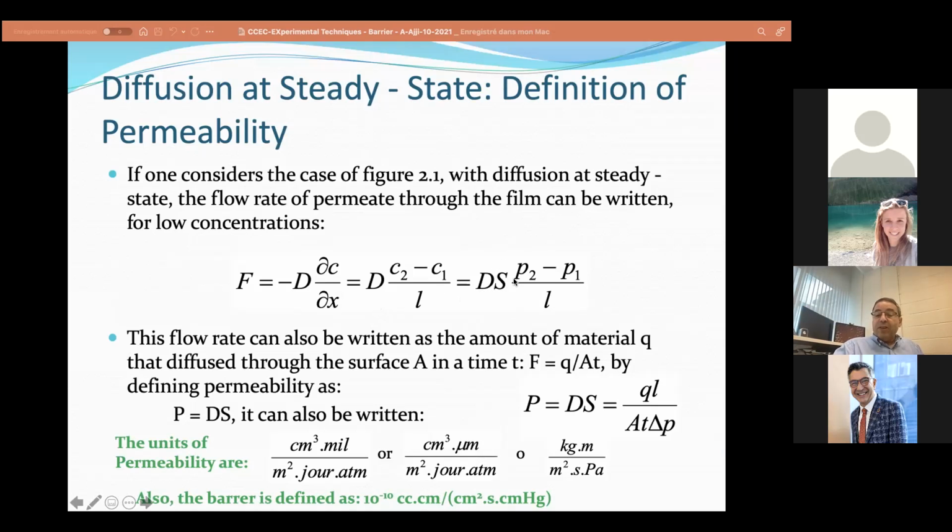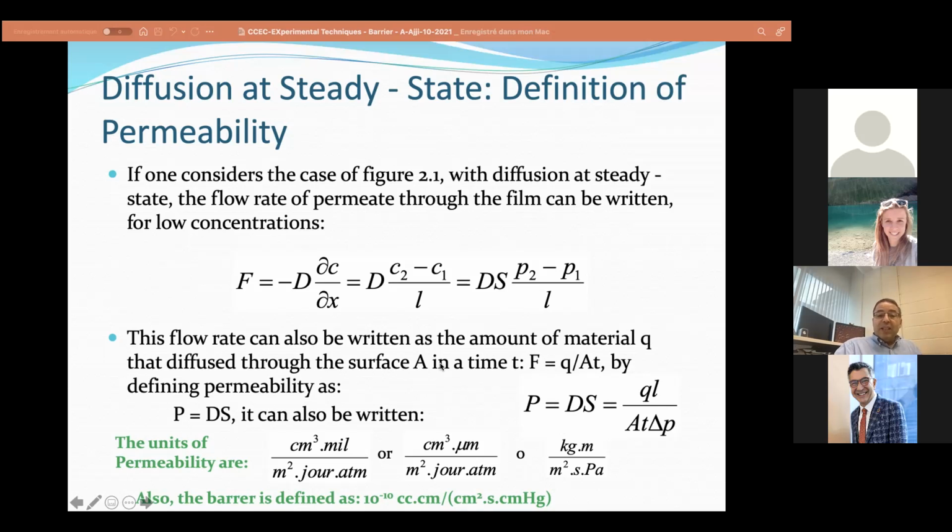That comes from the combination of Henry's law and the relationship between concentration and pressure. L here designates the thickness of your material. The permeability P of a material is defined as the product of the diffusion coefficient multiplied by the solubility coefficient, D times S.